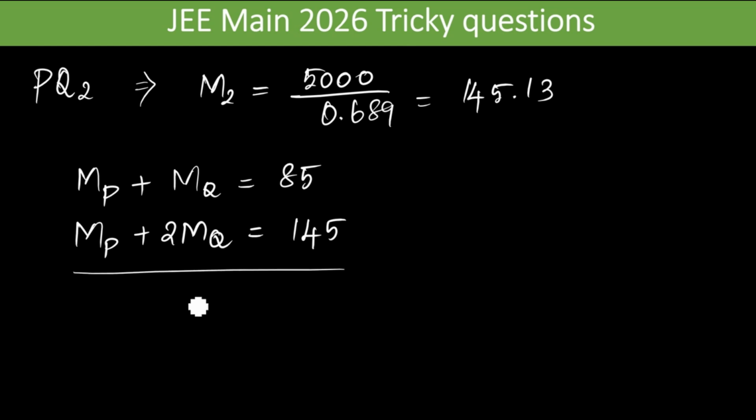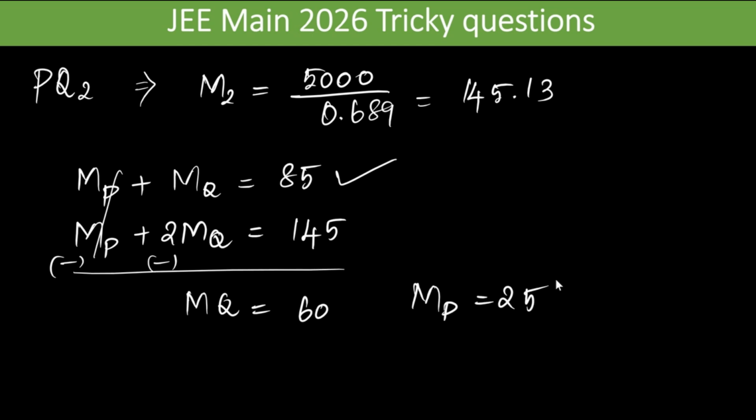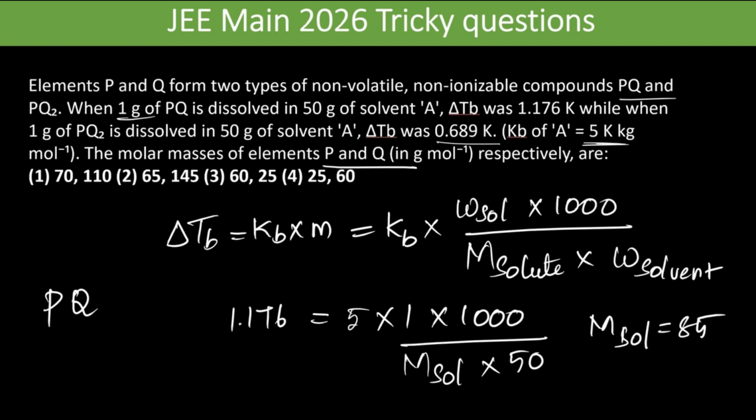Just do the subtraction. P will get cancelled out. This will be the mass of Q, which is equal to 145 minus 85, that is around 60. So the mass of Q is 60. What would be the mass of P? You can substitute it in equation 1, so that will be equal to 25. Okay. So at the time of examination, you should think about how we can solve it.